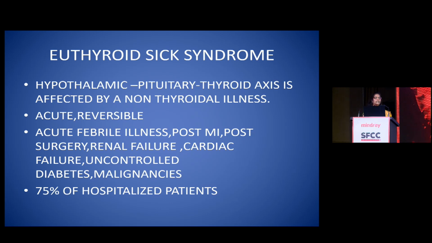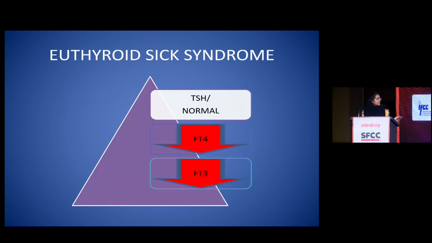It's a non-thyroid illness affecting the thyroid values, and the physician must be very much aware of this entity. It is seen in 75% of the hospitalized patients. Here the TSH may be normal or reduced, and free T4 and free T3 are reduced.